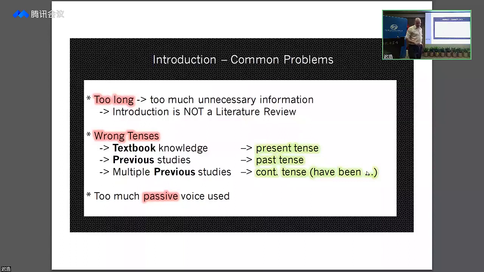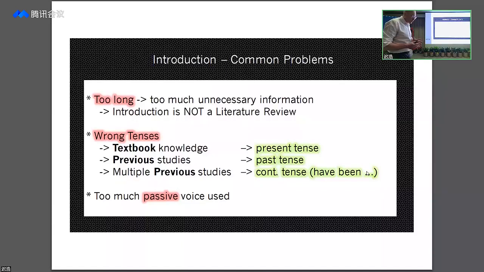Too much passive voice use. Unfortunately, there are still too many teachers who teach academic writing in a way that claims that your entire paper must be written in passive voice. That is wrong. Completely wrong.